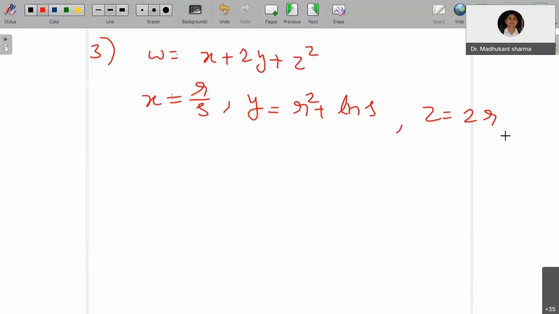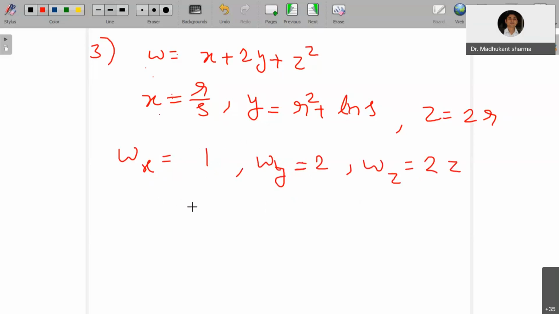Now, you need to check that all four functions, w, x, y, and z, are differentiable. Very first, for w, you need to check the first order partial derivatives. wx is 1, wy is 2, wz is 2z.